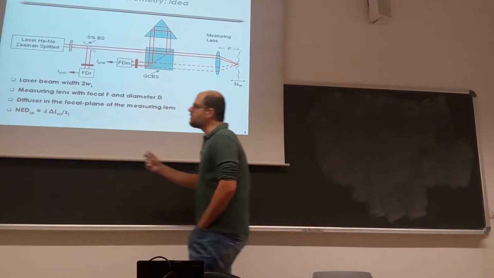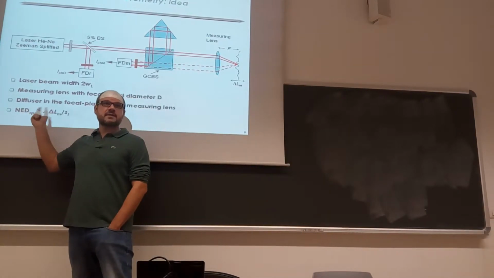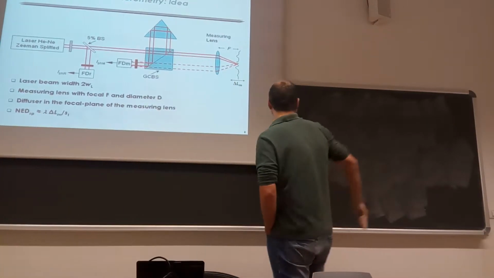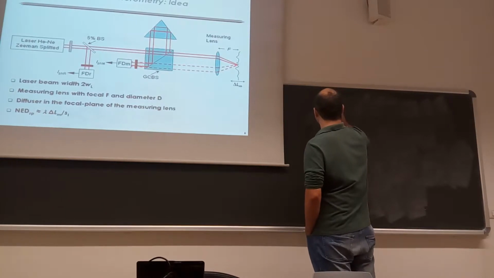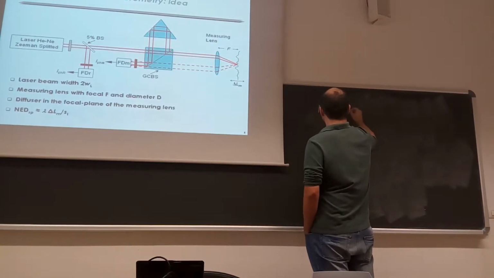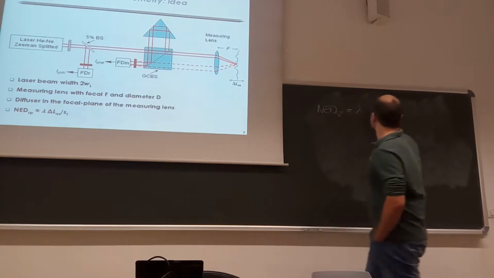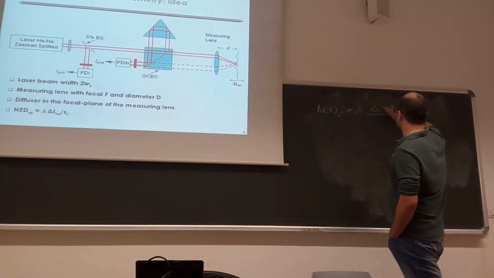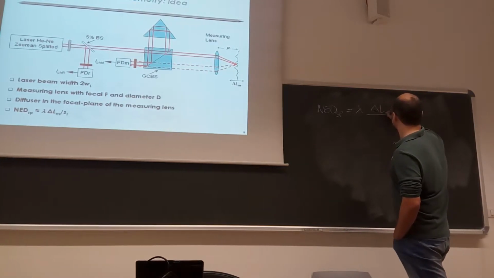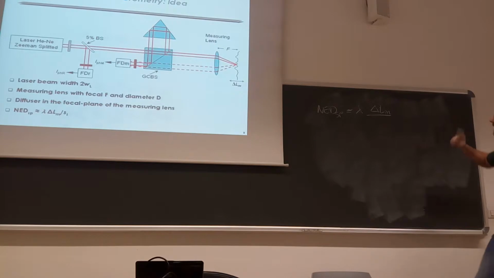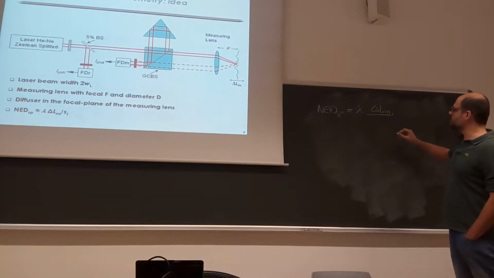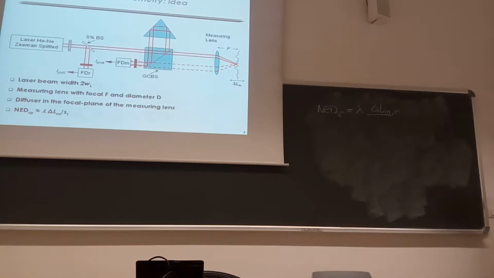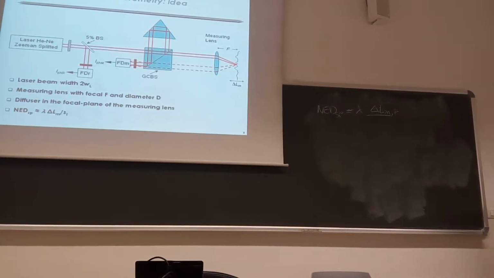You can define a new noise equivalent displacement that is related to a longitudinal displacement of the diffuser, and this NED is proportional to the wavelength and to the ratio of DLM, I would like to suggest that I want to limit the movement to the DL related to the depth of focus of the lens.